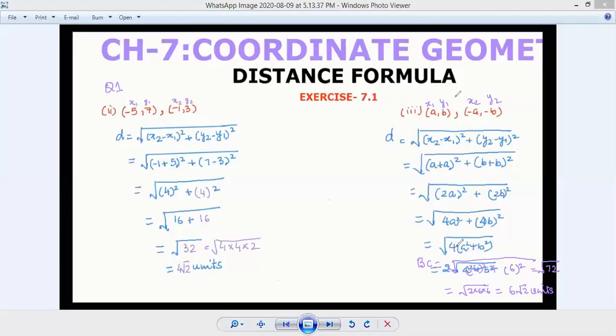Now 4 will move out as it has a square root of 2. Therefore, this will become twice the square root of a square plus b square.